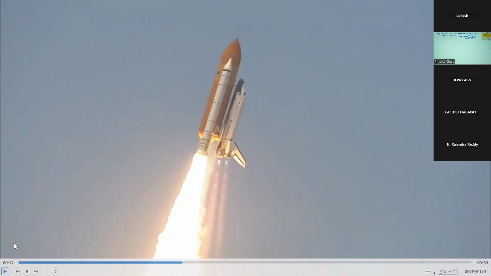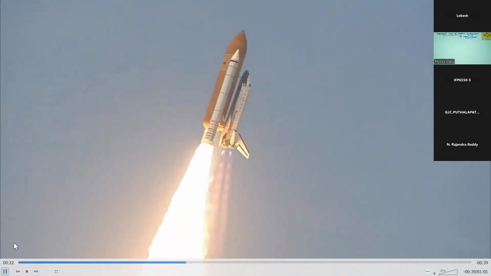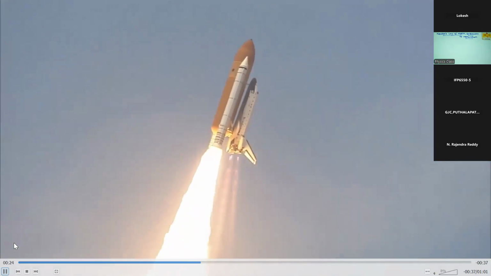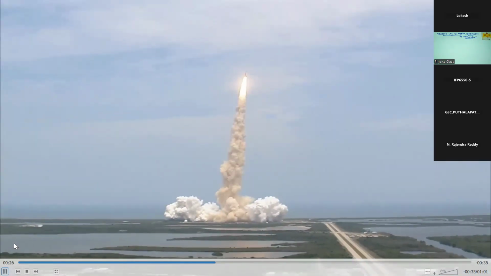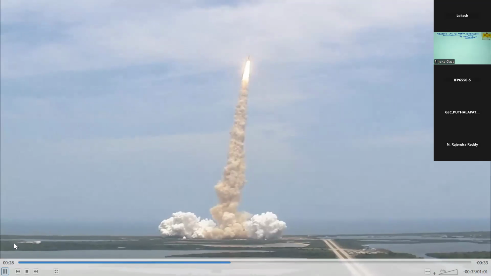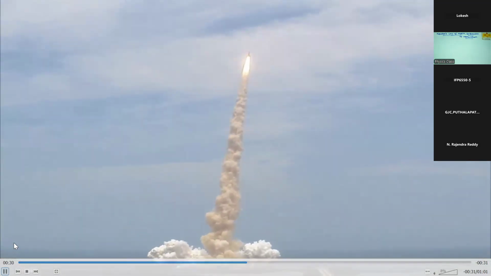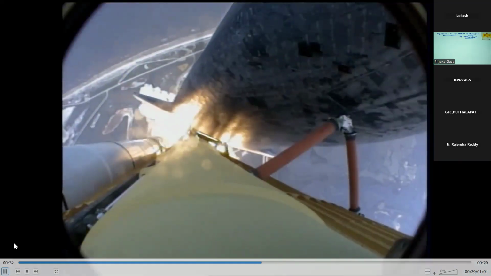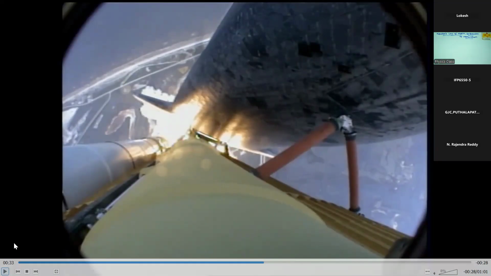The incredible speed it gains is a direct result of the force applied by the engines, perfectly described by Newton's second law. And as it burns fuel, its mass changes, affecting its momentum.